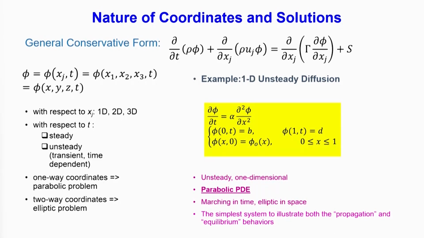Based on the number of coordinates required mathematically, you can have either a 1 dimensional, 2 dimensional or 3 dimensional problem. With respect to time as a variable, you can have steady or unsteady.